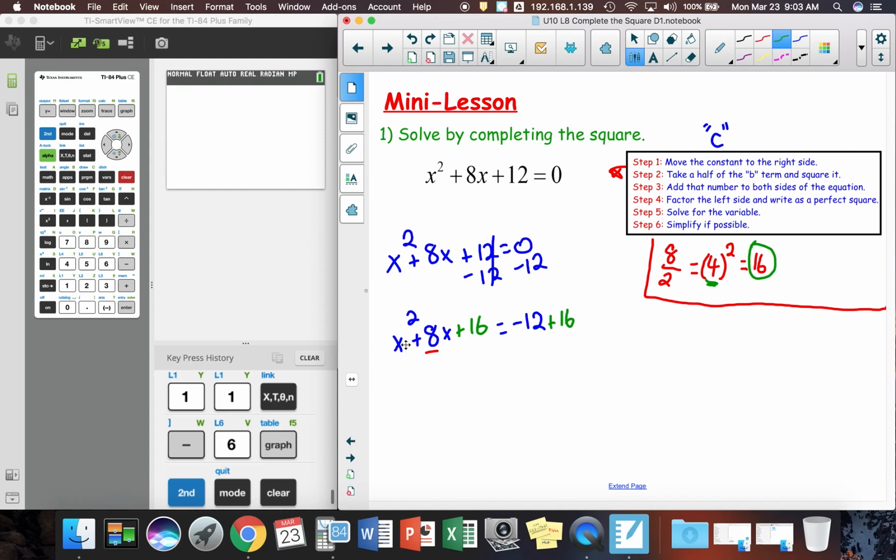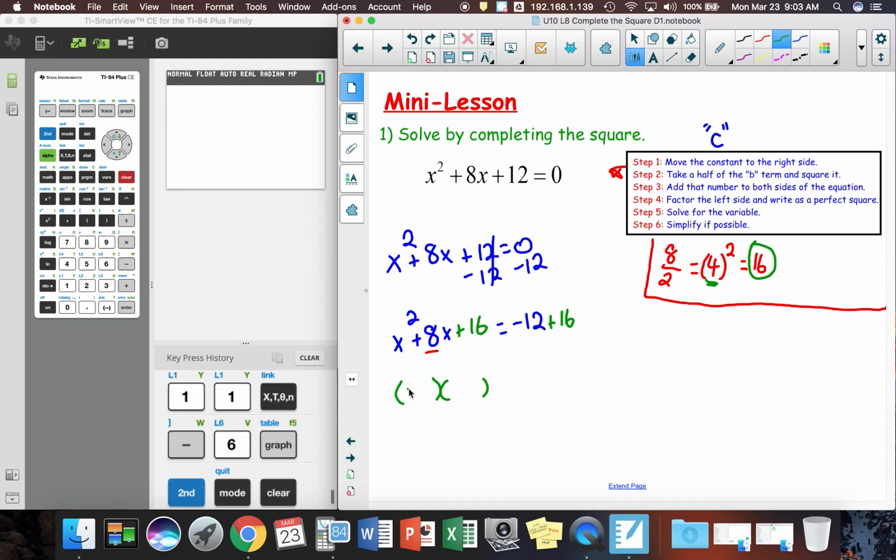Now, we have this type of equation. It says, for step 4, to factor the left side of the equation. So when we factor this, we're going to use the trinomial method. This method will always work, and inside the parentheses, something interesting is going to happen. So I need to figure out two numbers that add to 8 and multiply to 16.